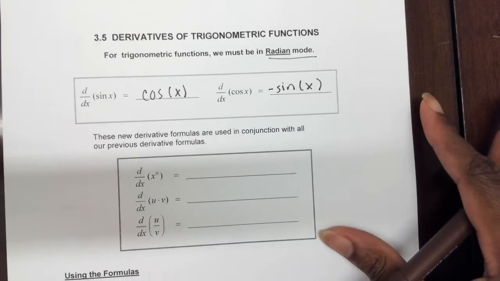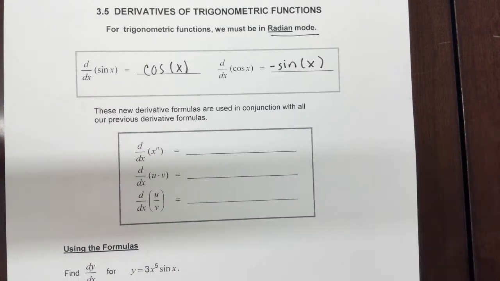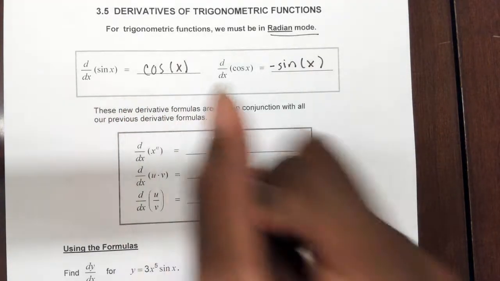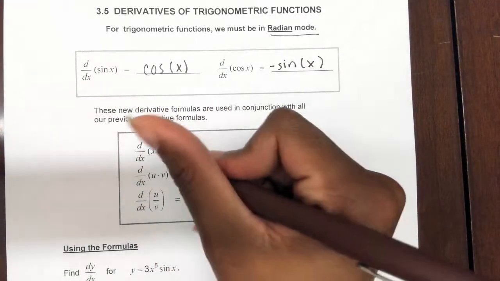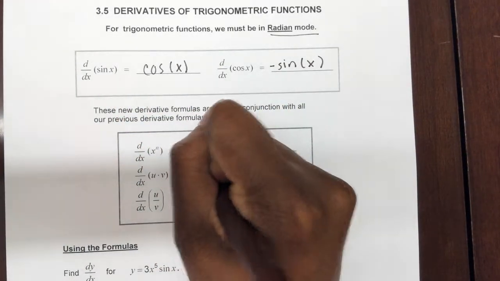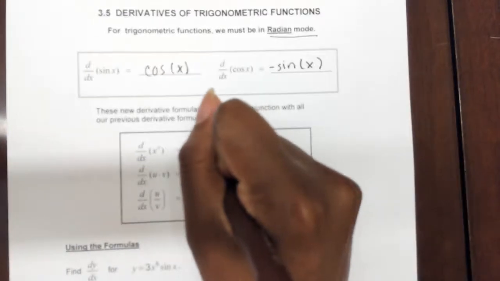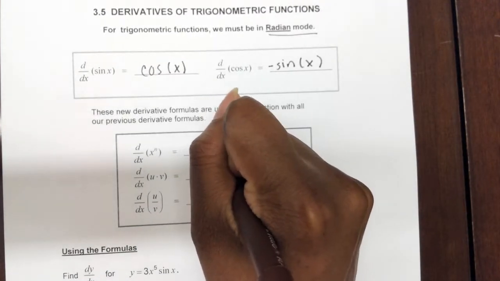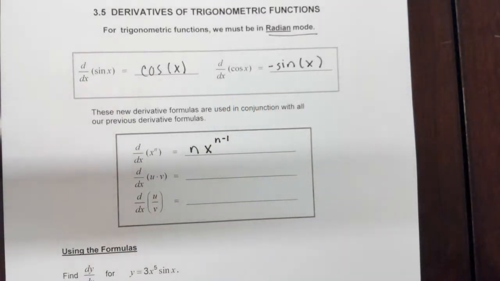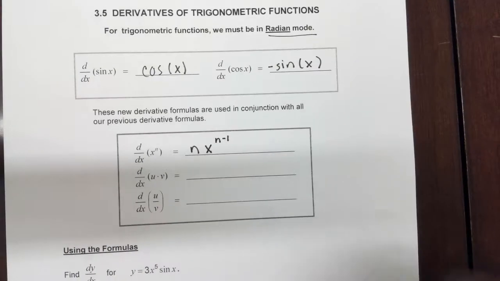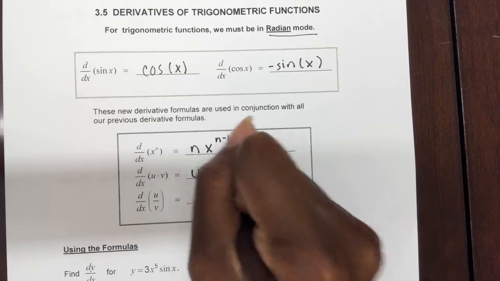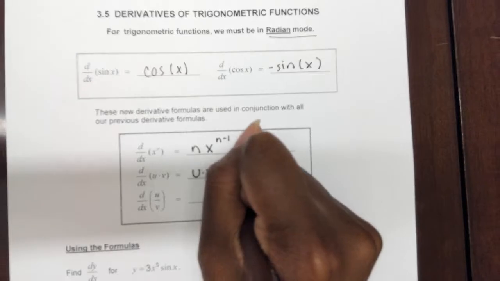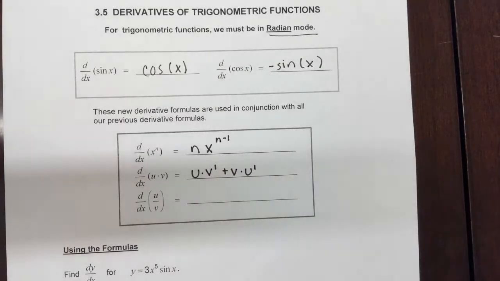We can use these derivative formulas in conjunction with all of our previous derivative formulas. So our first one being the power rule, right? The derivative of a power, we bring down the n and we multiply that by x to the n minus 1. The product rule we know is u times v prime plus v times u prime.